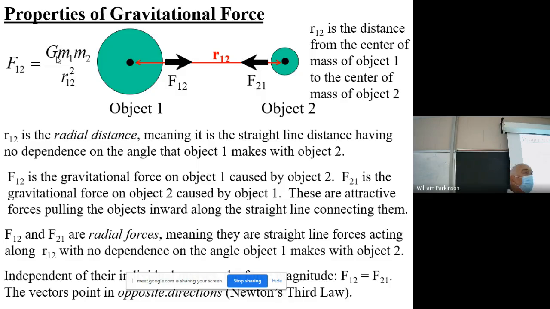So I am being pulled by a gravitational force to the surface of the Earth. What I'm claiming in the last statement at the bottom of the slide is that the Earth feels a gravitational pull due to me. I pull the Earth just as hard as the Earth pulls me.